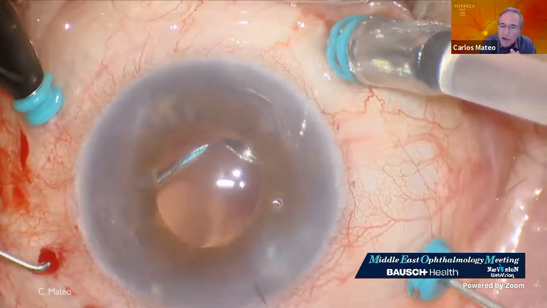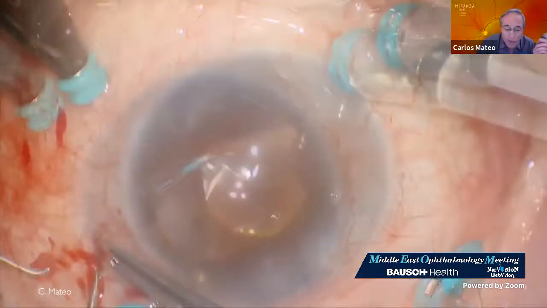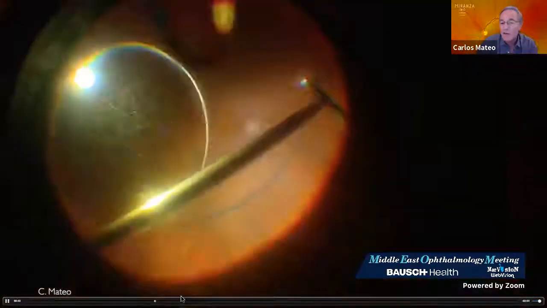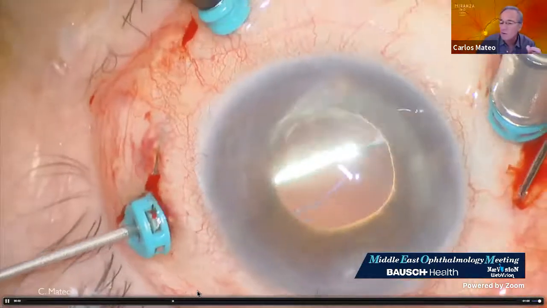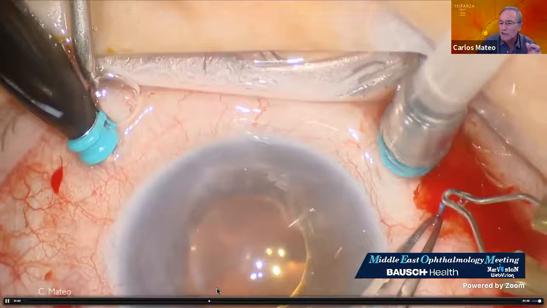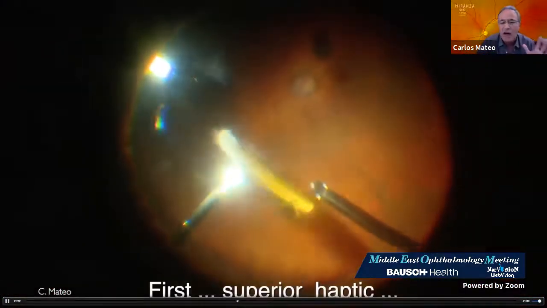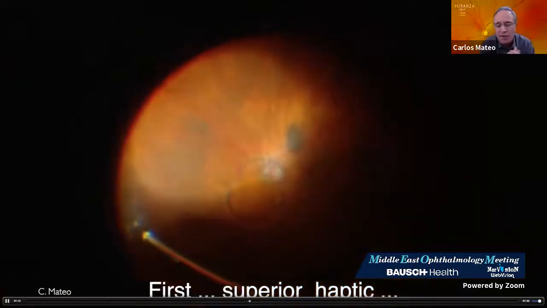For rescue, I strongly recommend to do just the contrary. You use first the second optic, which is much more difficult to be inserted in the needle. This is the aspect. For me, the best technique now is this one. I grab the lens, as you can see here.